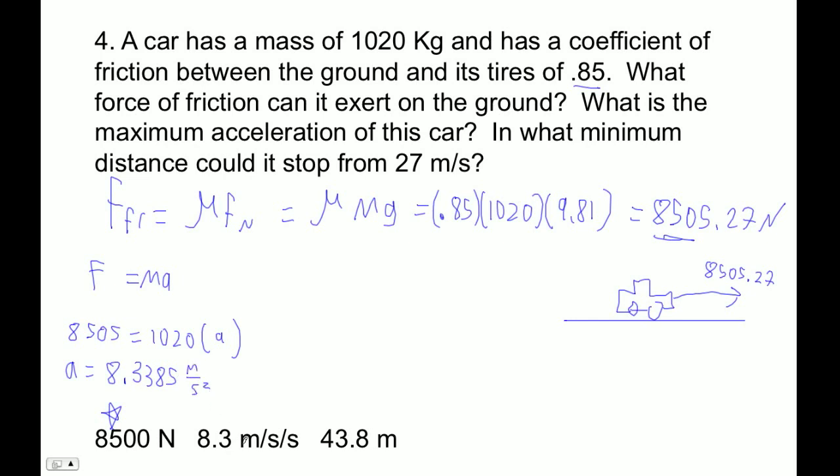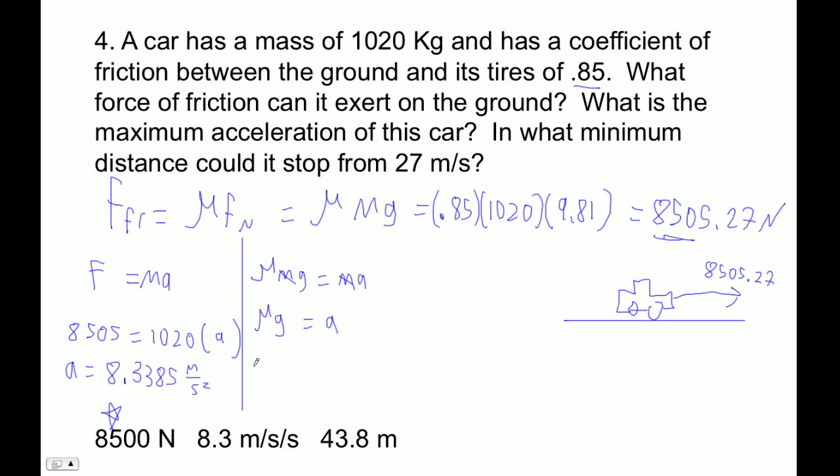Okay. Now, just for fun, let me show you another thing you can do here, right? Obviously, if F equals ma and F is mu times m times g, you can go mu times m times g is equal to ma, right? The m's cancel, and so if the force of friction is accelerating something, the acceleration is mu g.